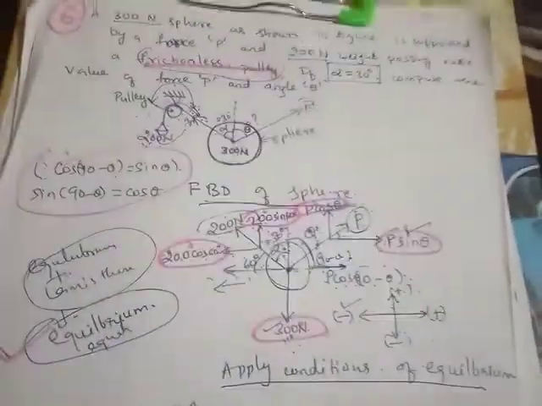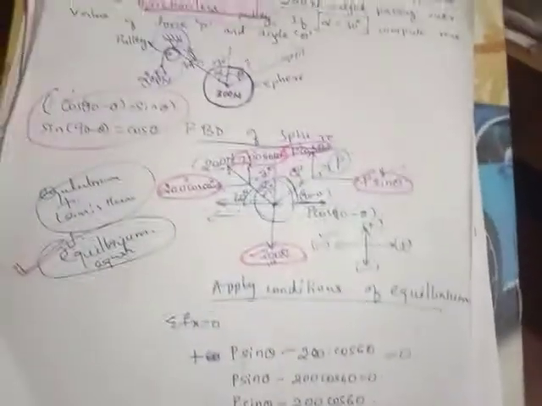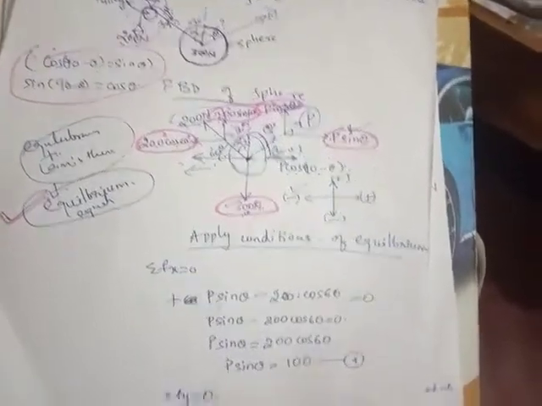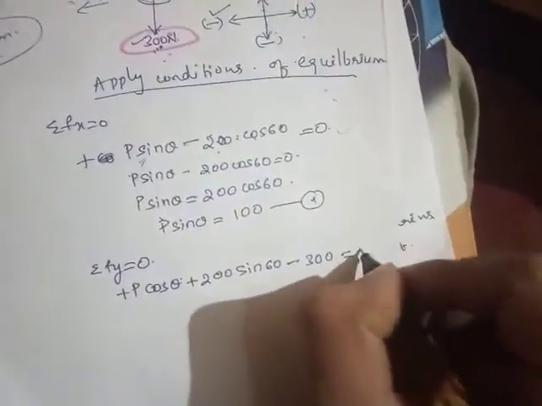So I can write P cos theta plus 200 sin 60 minus the 300 Newton force, equating it to 0.